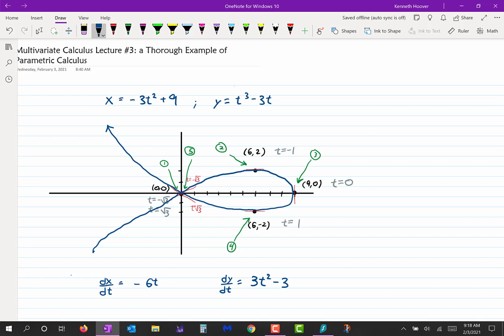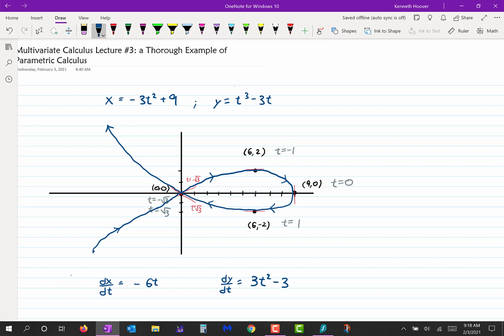Okay? Let's get rid of some of the extra markings there, and the picture will look neater. It's kind of like a fish shape. And like I said, it's important to notice that it has a certain direction to it, and the direction is this direction. Okay? There you go.